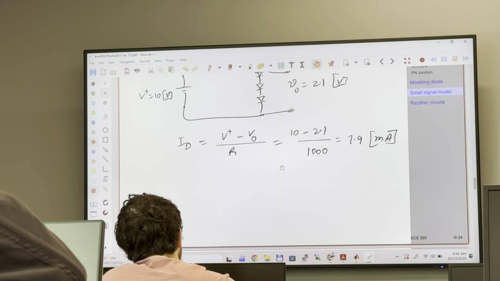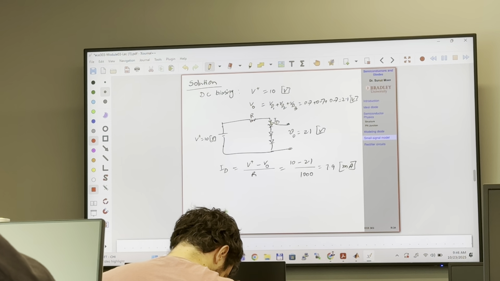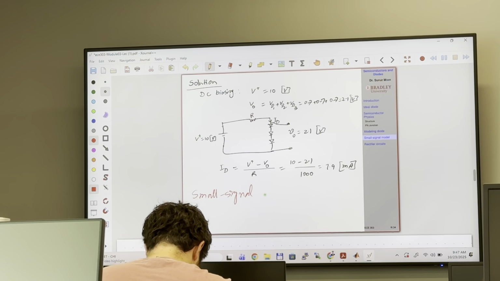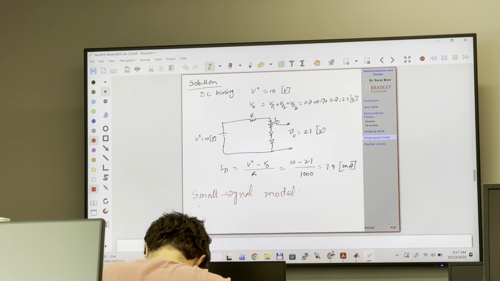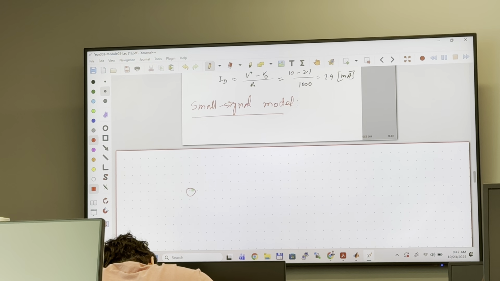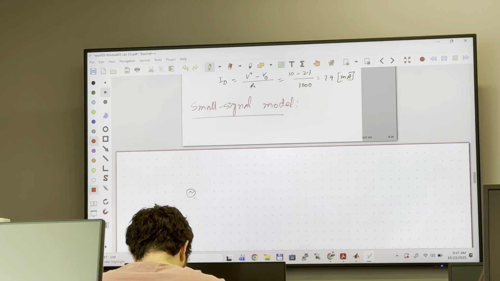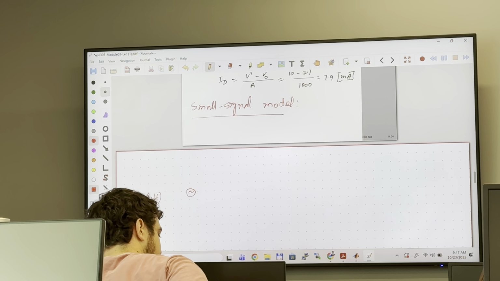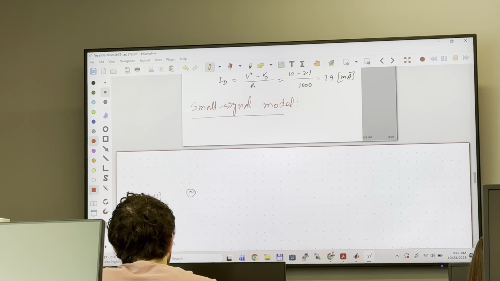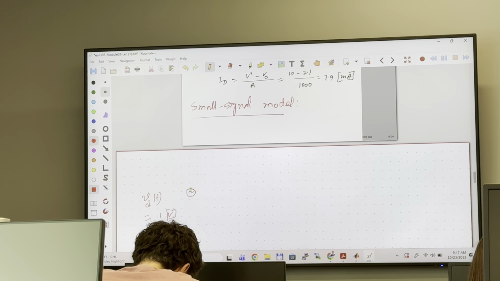Now, small signal model. What we do in the small signal model, we have this small signal which is VDT, which is basically 1 volt. So 10% of VD.